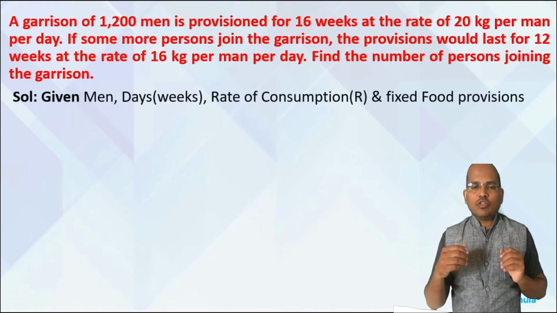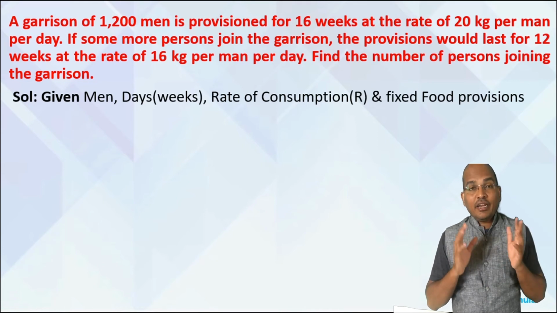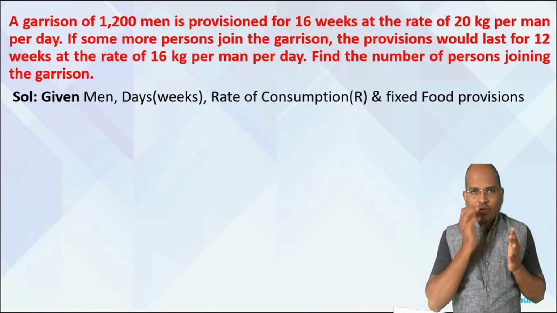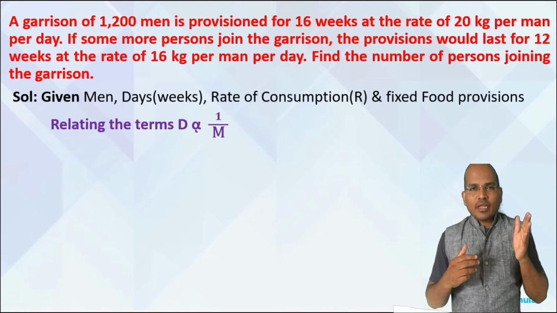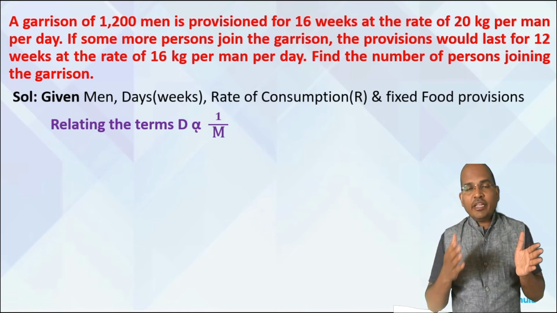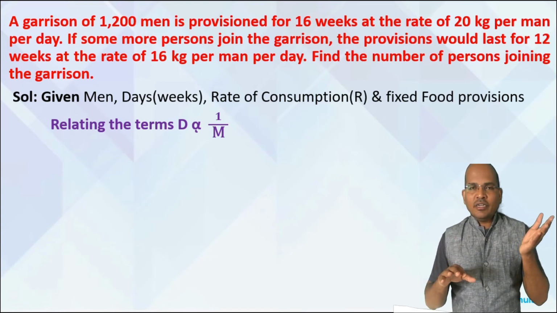The problem goes like this. We observe that the problem contains men, days in weeks, rate of consumption, and the fixed food provisions. The food is fixed, right? Now it is clear that the number of days depends on the number of men inversely. More men, fewer days; fewer men, more days, isn't it?